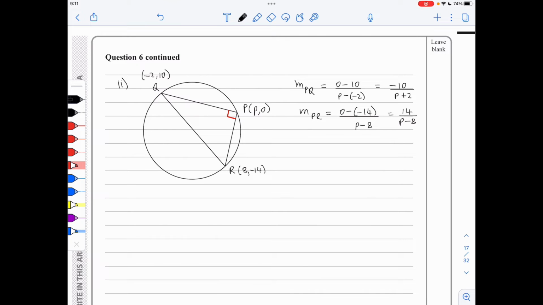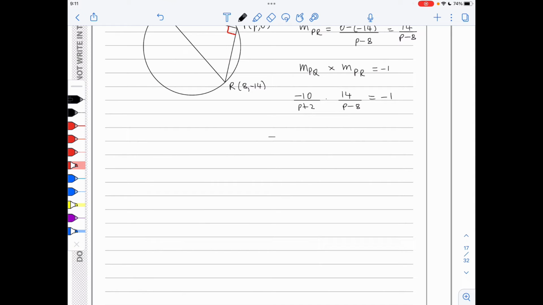And we know that the product of these two, the gradient of PQ times the gradient of PR, should be negative 1. So minus 10 over (P plus 2) times 14 over (P minus 8) should be negative 1. This means that minus 140 over (P plus 2)(P minus 8) should be negative 1. The minus with the minus give me plus.